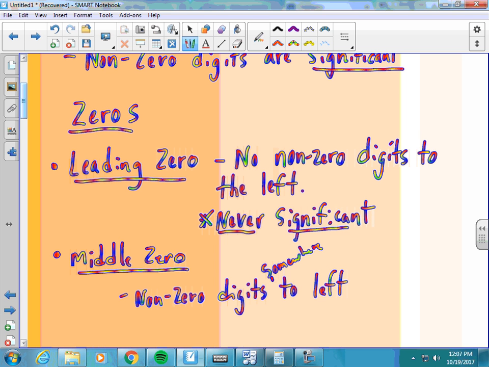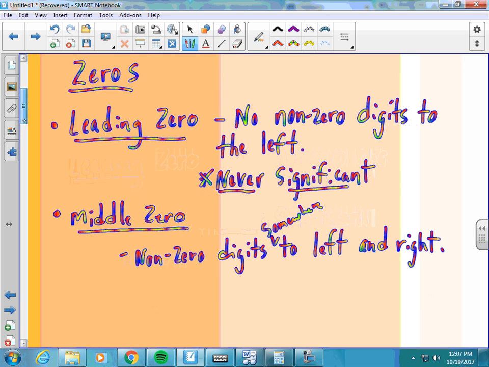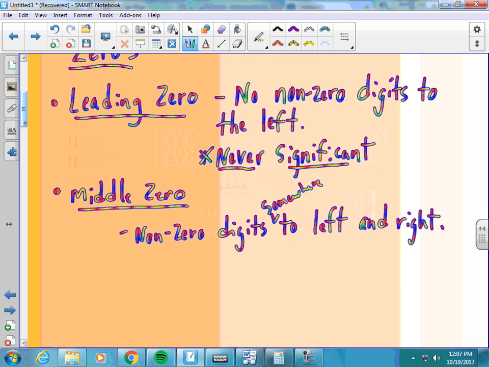Somewhere, maybe not directly next to them, but somewhere to the left and right. And the thing about middle zeros is middle zeros are always significant.